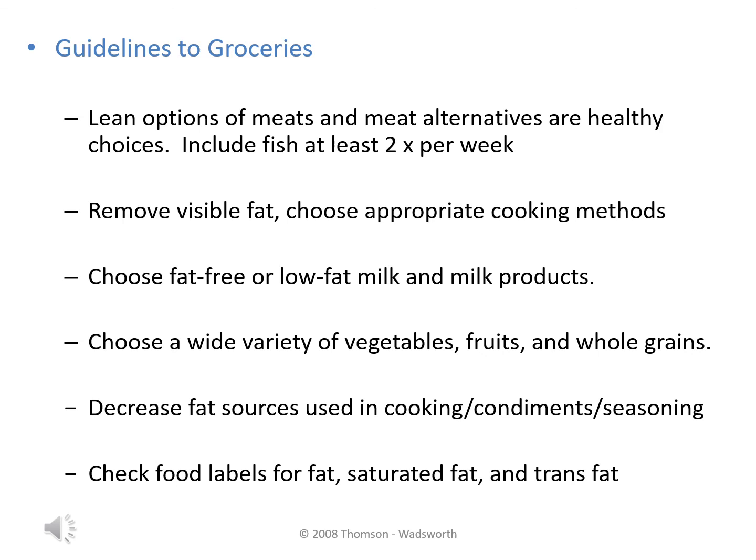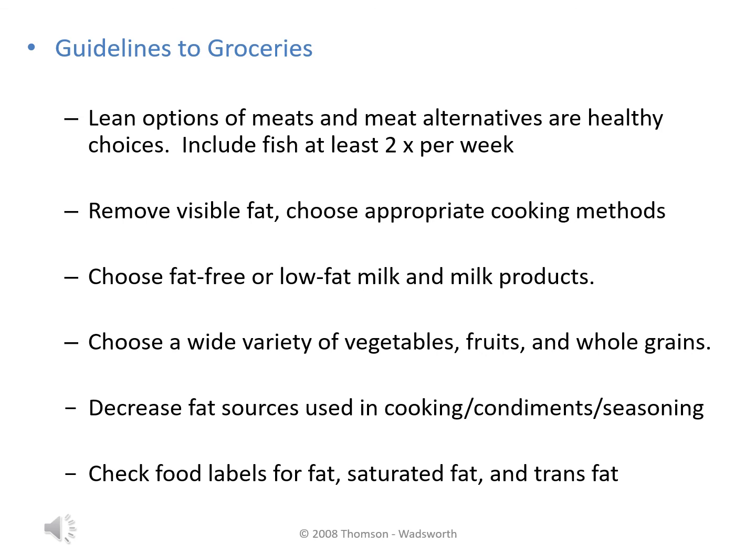Incorporating meat alternatives, things like legumes, soy products, edamame, are ways that you can include plant-based proteins while decreasing overall saturated fat, including fish at least 2 times a week, especially those fish that we know are high in omega-3s. Remove any visible fat that you see on meat or meat products, and watch cooking methods.